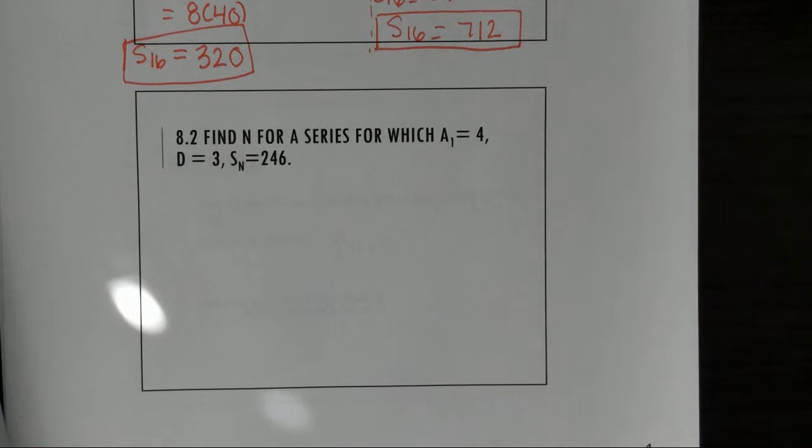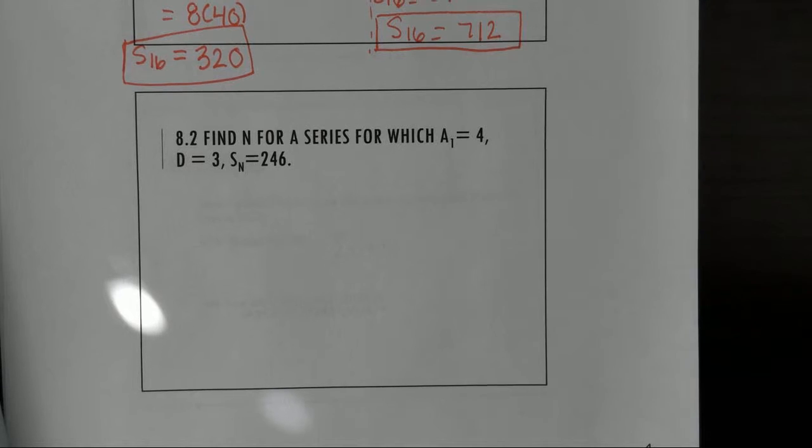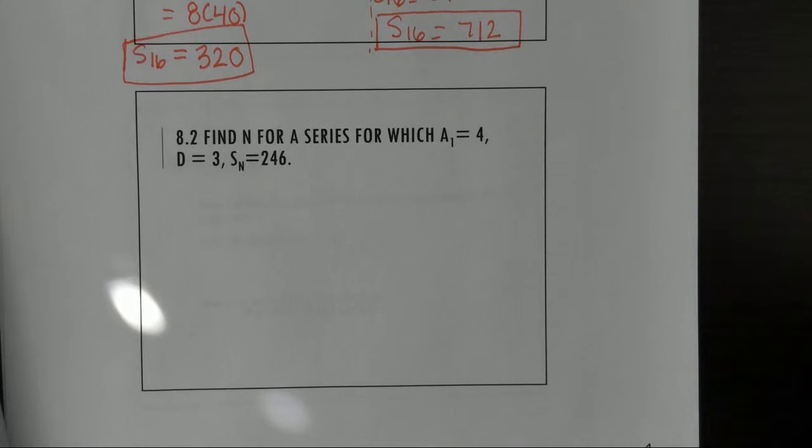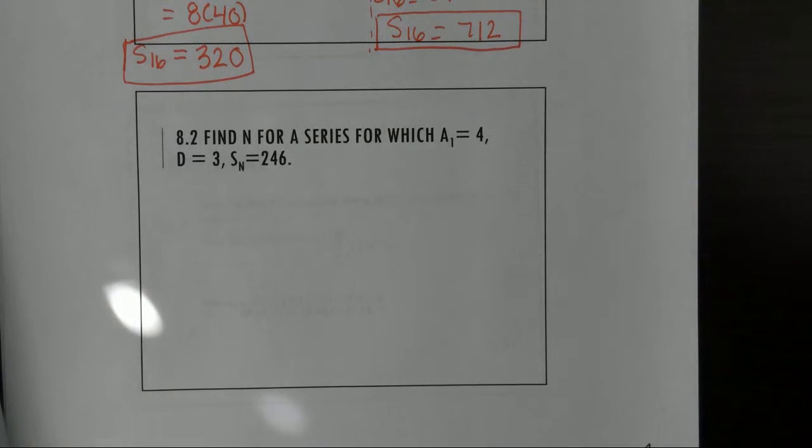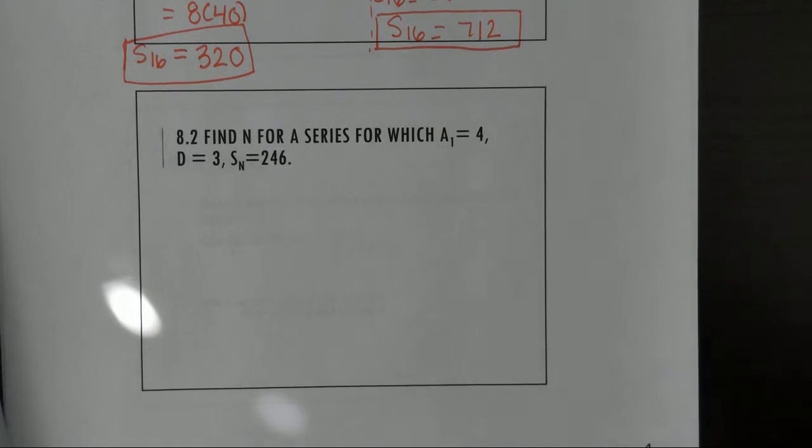Okay, so a few examples ago we were asked to find n, knowing the given information; we plugged it into the sequence formula. But now we're going to find the number of terms for a series. So we have our first term is 4, we know our common difference is 3, and the sum of our terms, S sub n, is 246.